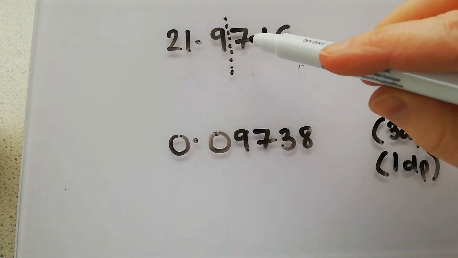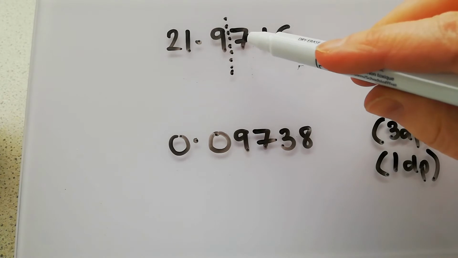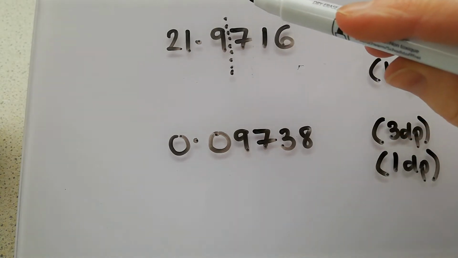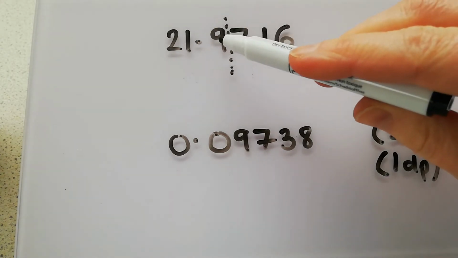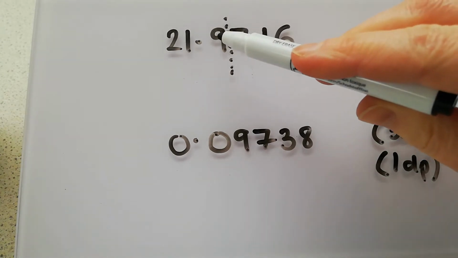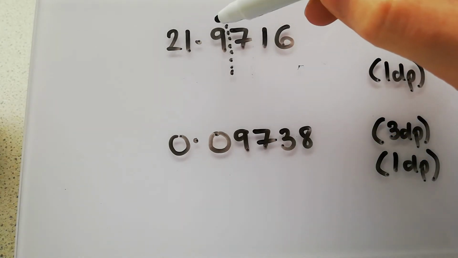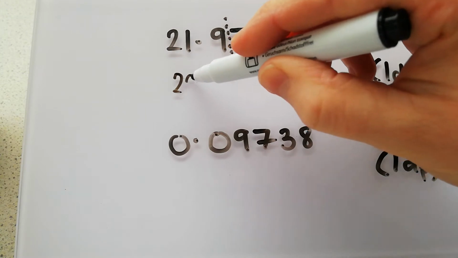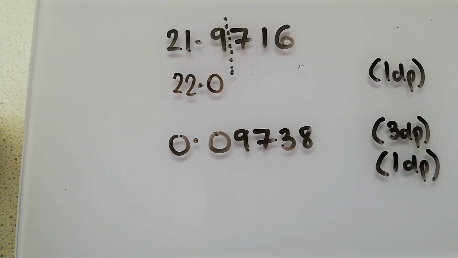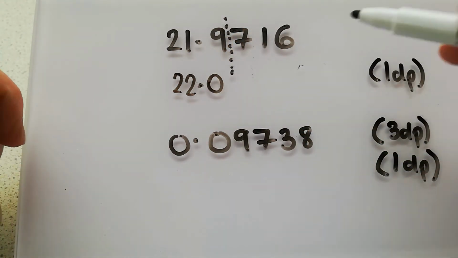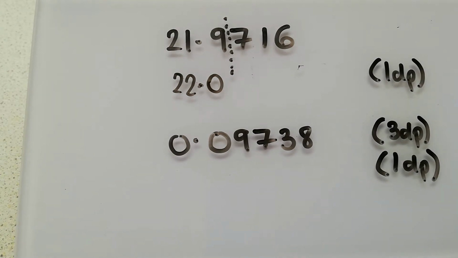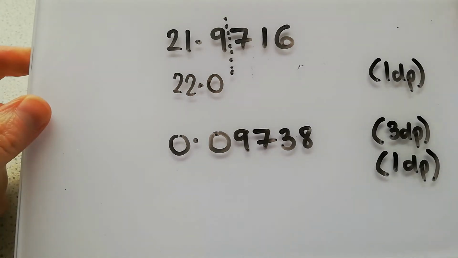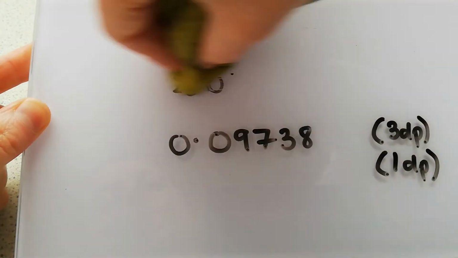And to the right of the line, we now have a number that's bigger than 5. So because we have a number that's bigger than 5, the 9 gets kicked up 1 place, but we can't put 10. We have to go from 21.9 to 22.0. So that number to 1 decimal place is 22.0.